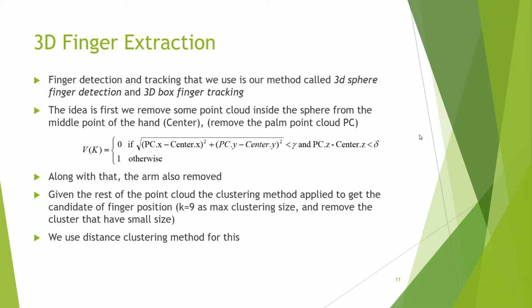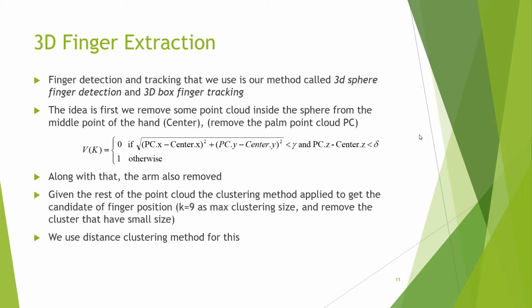After we remove the arm, with this equation we remove the points that belong to the virtual sphere that we have. Given the rest of the point cloud, a clustering method is applied to the remaining points, and we use it to find the candidates for finger positions.